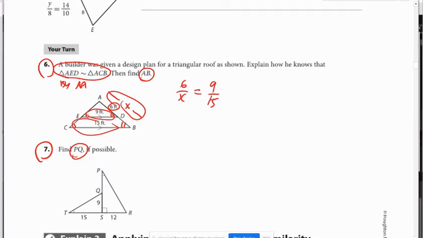There are different ways to set that up, but when you cross multiply, we should always get the same result. So I would get 9x equals 90 and x equals 10. And so AB is equal to 10.